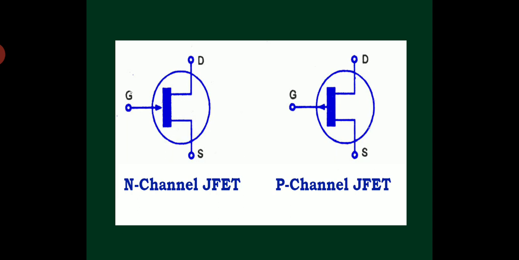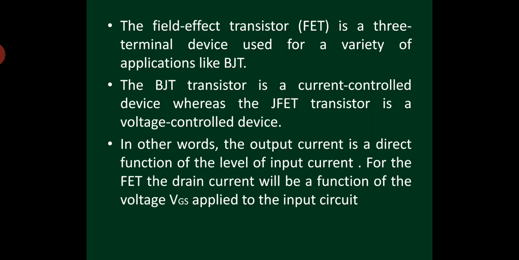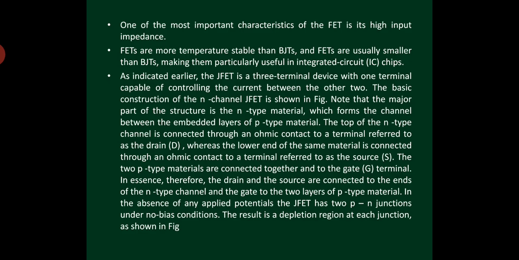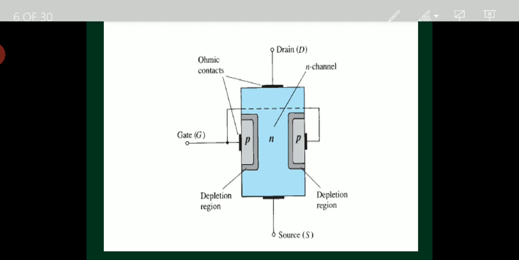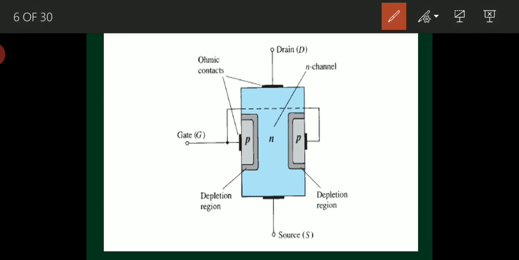So let us move on to the schematic of P channel JFET, right? Here I will take a P type substrate and I will diffuse two N types in the middle.